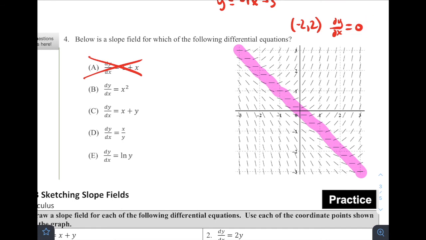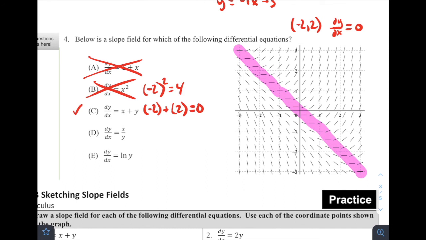Similarly, if I plug in -2 for this one, we would have -2 squared, which gives us 4, not 0, so it cannot be that. For C, our x is -2 and our y is 2. If we add those, we do in fact get 0, so this is a candidate.